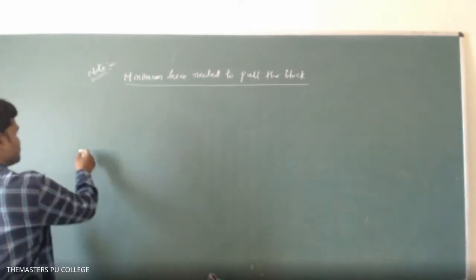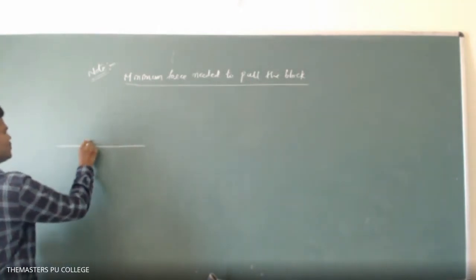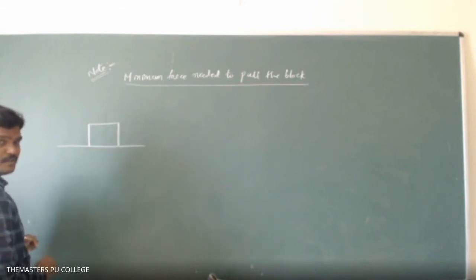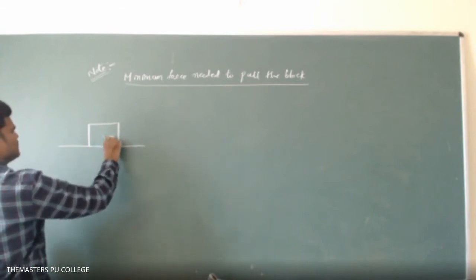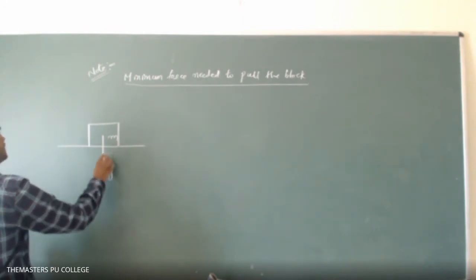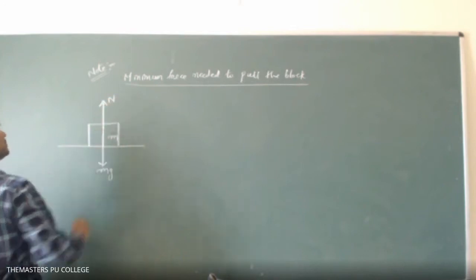So let us suppose, let me place a block on a horizontal surface like this. A block on a horizontal surface whose mass is m, weight of the block mg, normal reaction force is upwards.